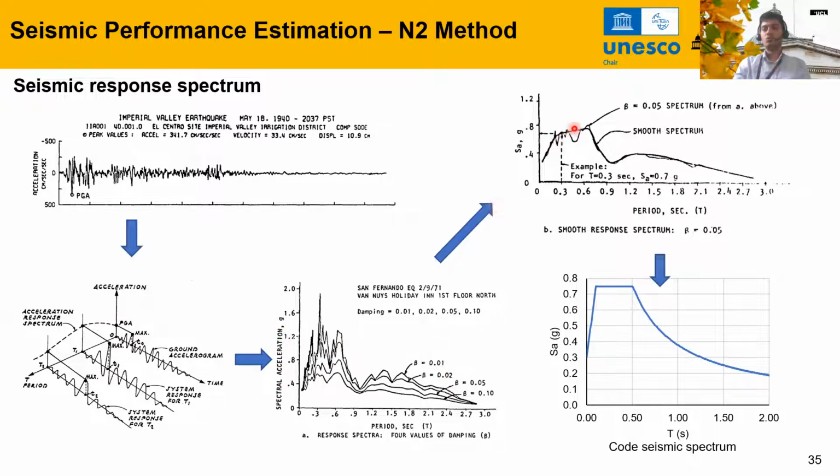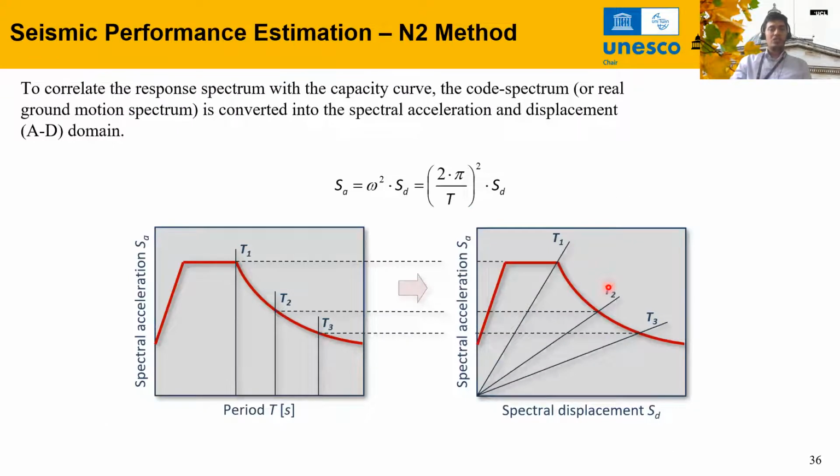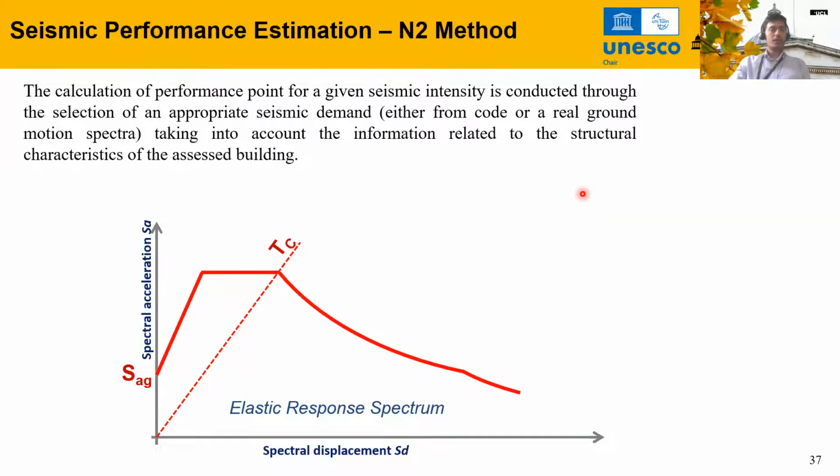Then we get the smooth response spectra, and this is how they develop the code spectra that are available in different codes. We generally have the response spectrum in acceleration versus period terms. We need to translate it into ADRS format, acceleration versus displacement format, using this equation. This is the dynamics; I'm not going into the theory behind it.